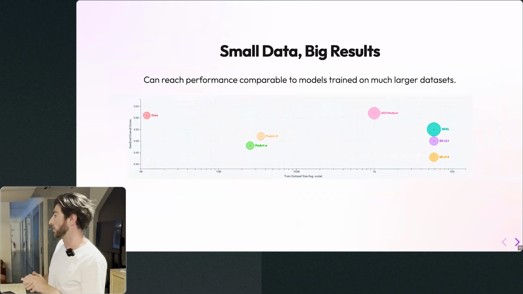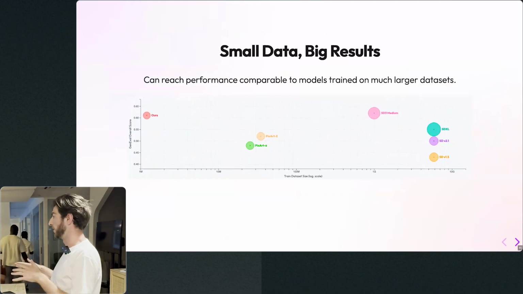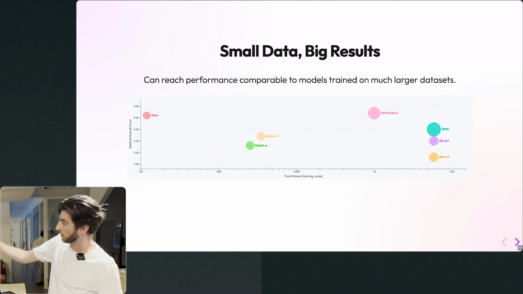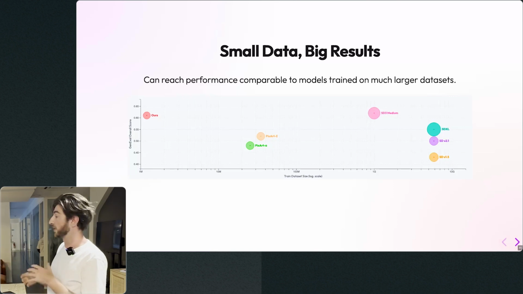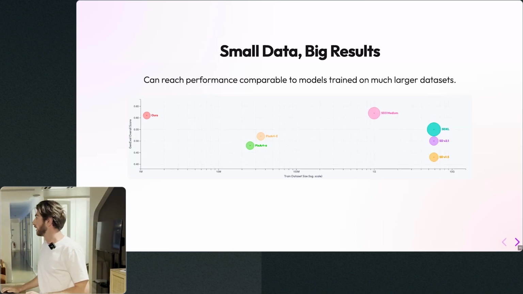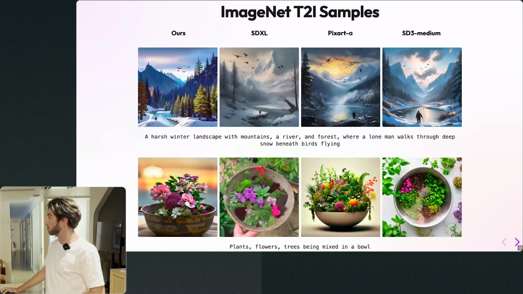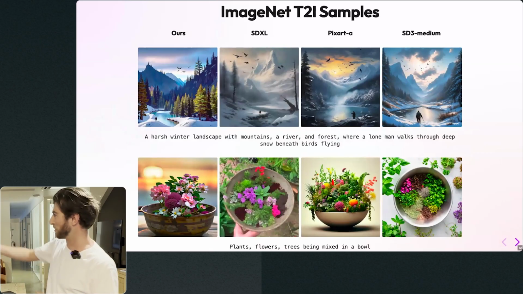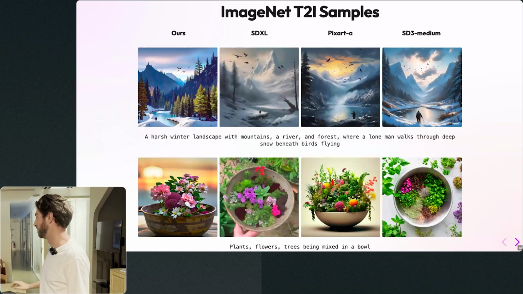And we see that we are able to match performances better than Stable Diffusion and around Stable Diffusion 3 with only 1 million images, so more than 1,000 times less data. So yeah, some nice images, I believe, and we compare them to other models.